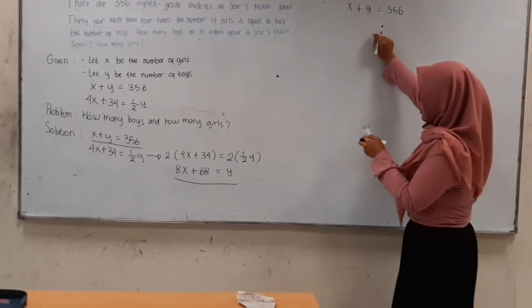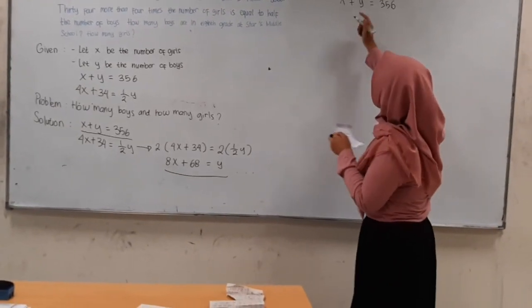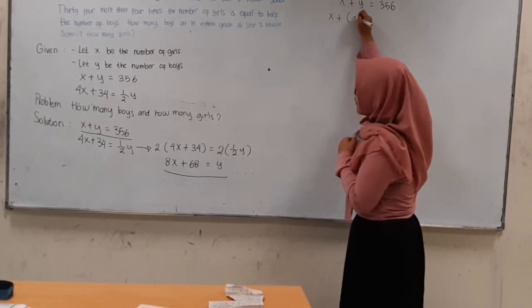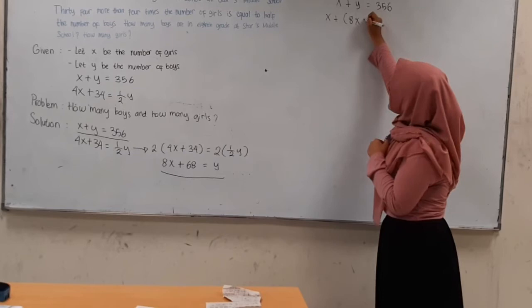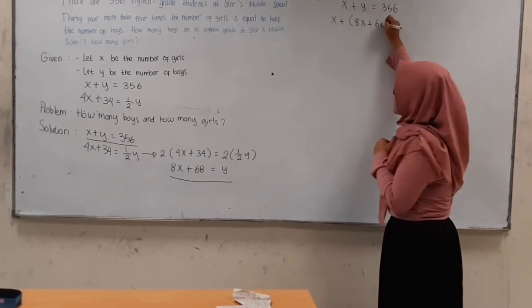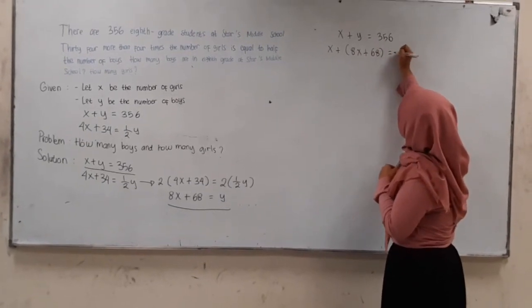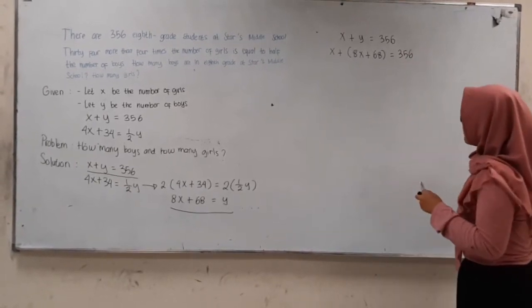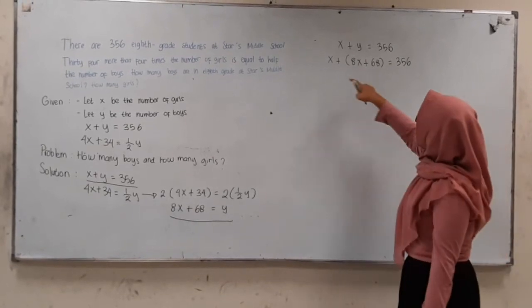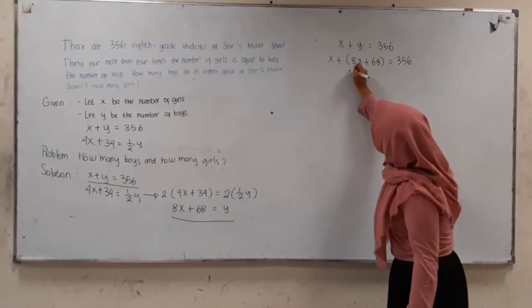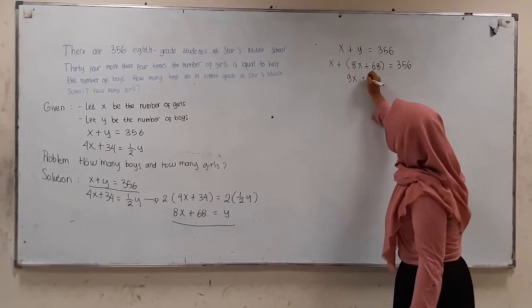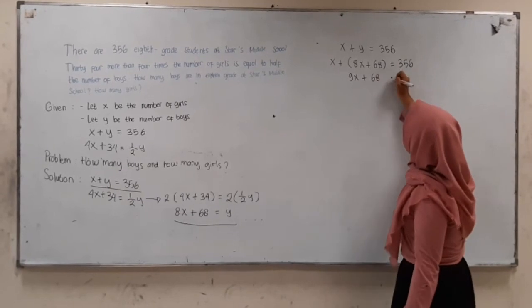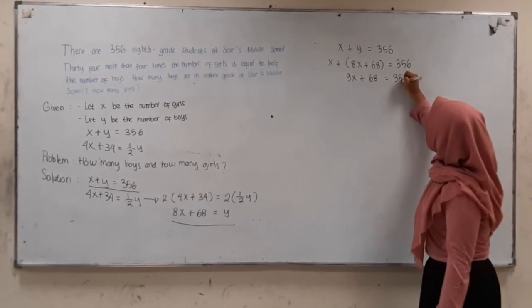So we can write x is added to the sum of 8x is added to 68 equals 356. And then 9x is added to 68 equals 356.